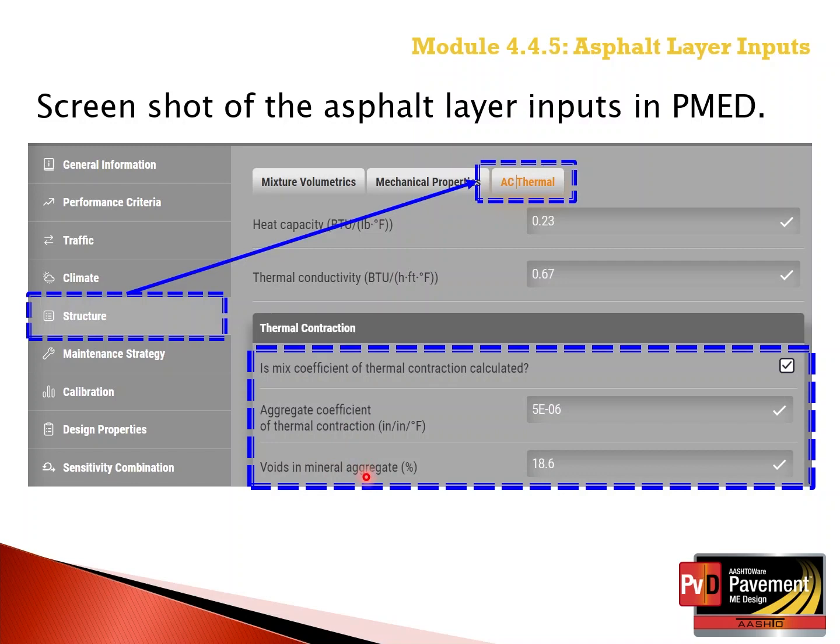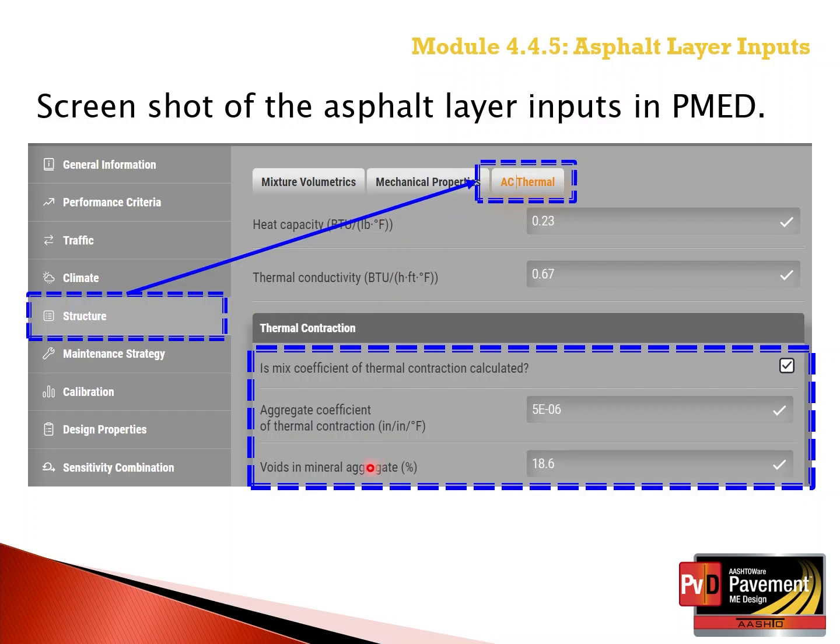As a reminder, voids in the mineral aggregate is the effective asphalt content by volume plus the air voids. Remember, the VMA, air voids, and density are the volumetric properties after construction and not from the mixture design.